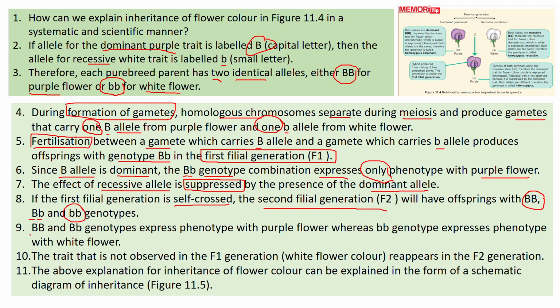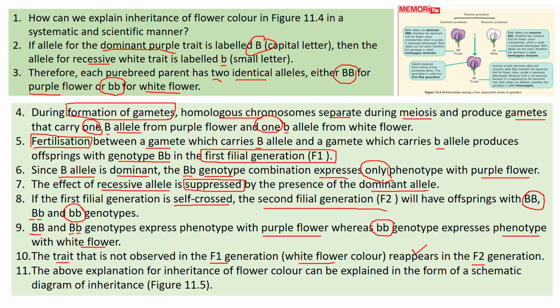Okay, as long as there is a capital B, both capital B or one capital B and a small letter b genotypes, it is going to express phenotype with purple flower. Whereas if both small letter b genotype, then this is going to express phenotype with white flower. The trait that is not observed in F1 generation, the white flower color, reappears in F2 generation.